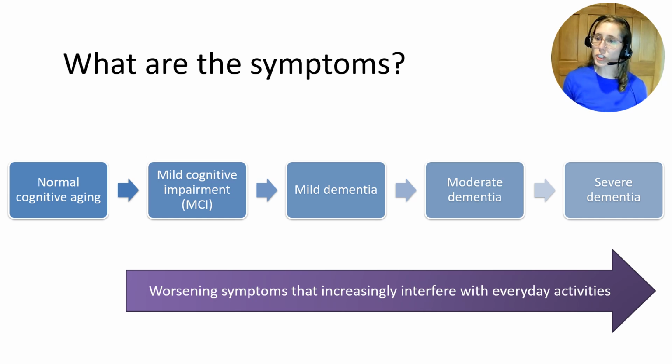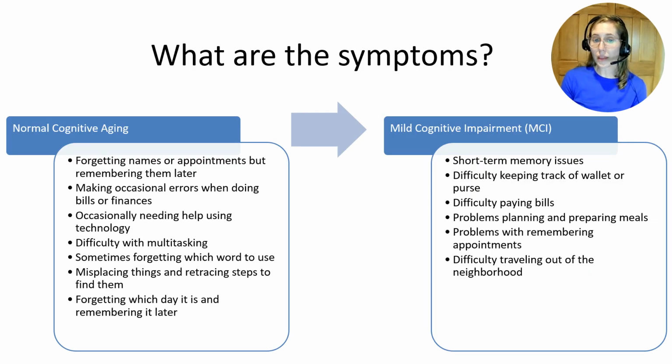And you differentiate these by worsening symptoms that increasingly interfere with everyday activities. So let's dive into what some of these different symptoms may be, depending on where you may fall on this continuum. Starting with normal cognitive aging.